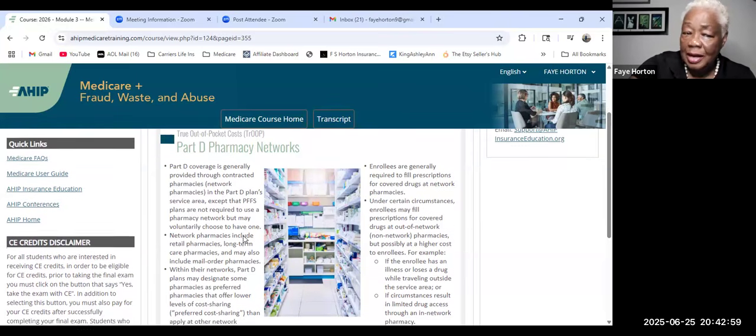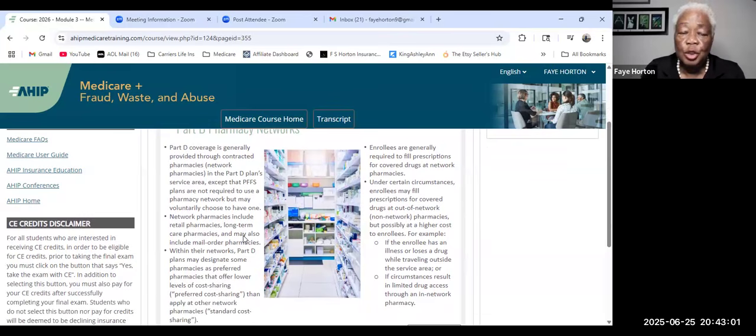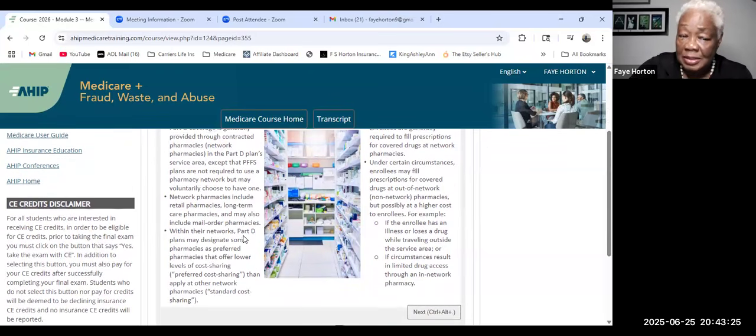Network pharmacies include retail pharmacies, long-term care pharmacies, and may also include mail order pharmacy. Within their networks, Part D plans may designate some pharmacies as preferred pharmacies, with lower levels of cost sharing than apply at other network pharmacies.